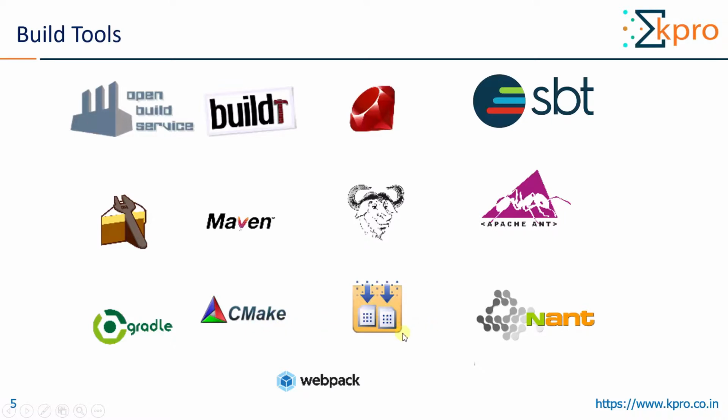MS Build is Microsoft product which is a build platform that enables all build activities in Visual Studio World. NAnt is similar to Ant, but it is focusing on .NET project. Webpack is a build tool which is for packaging JavaScript files in web applications.